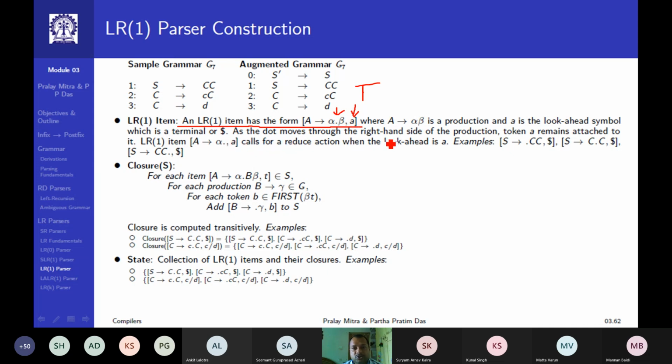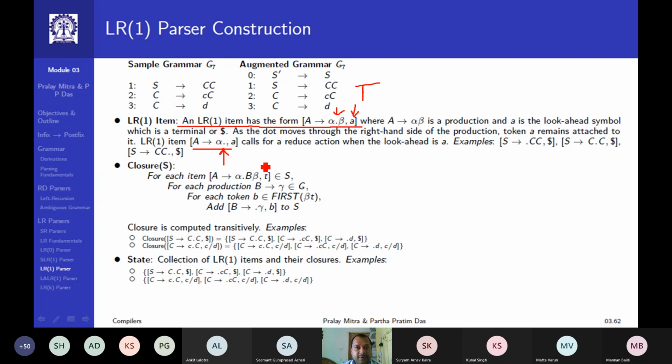As the dot moves through the right-hand side of the production, the token a remains attached to it. So an LR item like this calls for a reduction operation. Why? Because the dot has reached the end of the production rule and the lookahead is still a, which means during parsing, if I have reached a position where on the left-hand side there is alpha and my lookahead is a, then I will reduce.